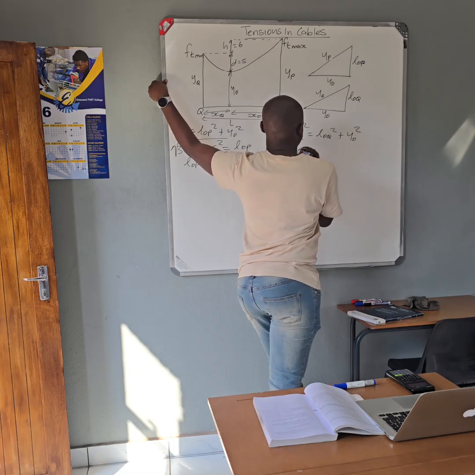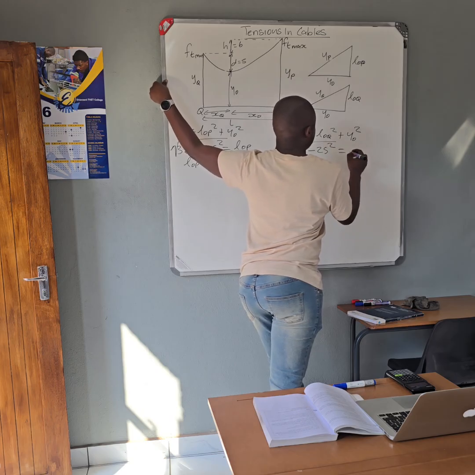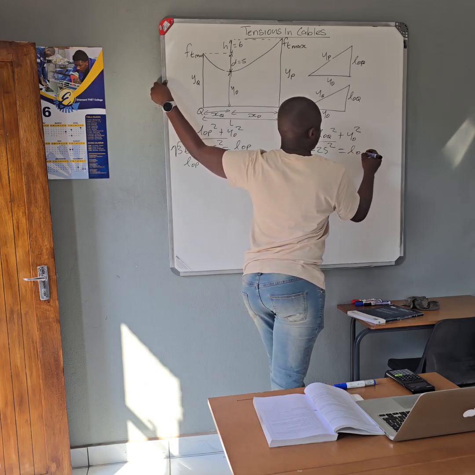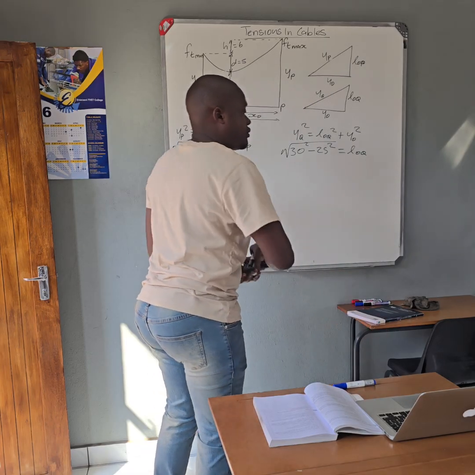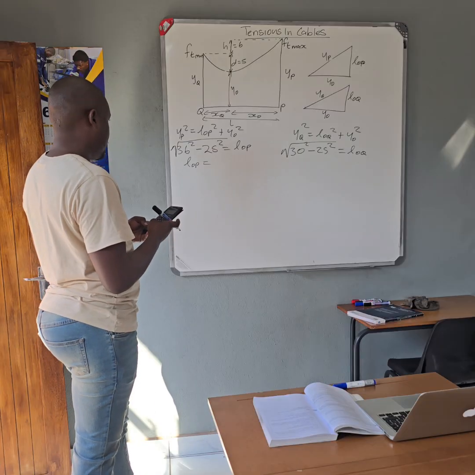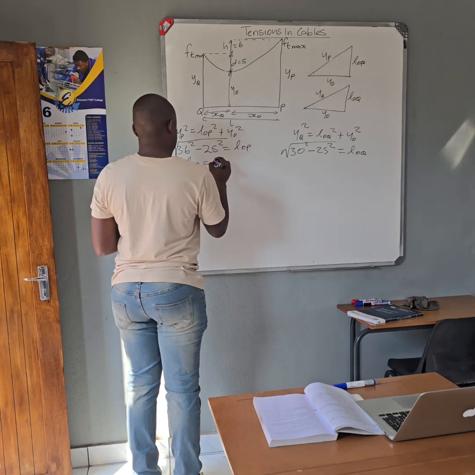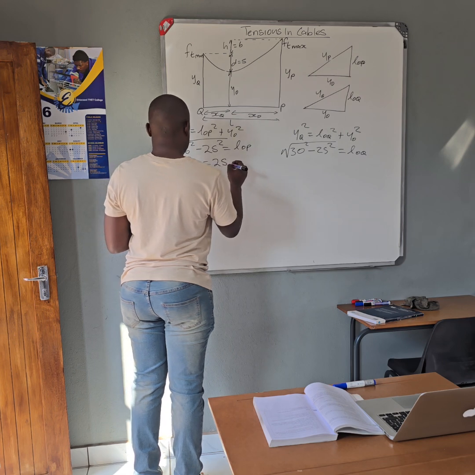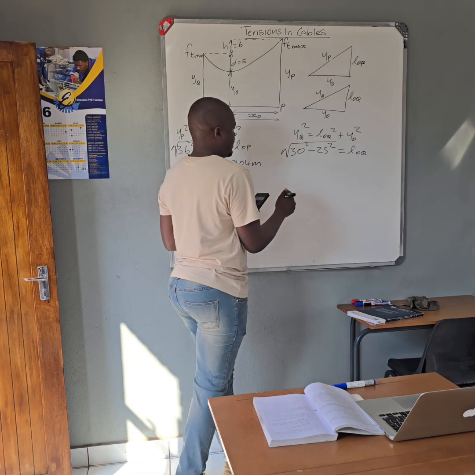YQ is still 30, squared minus 25 squared. This is going to give you LOQ. So the root of 36 squared minus 25 squared gives us 25.904 meters.